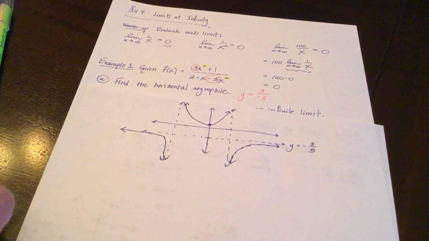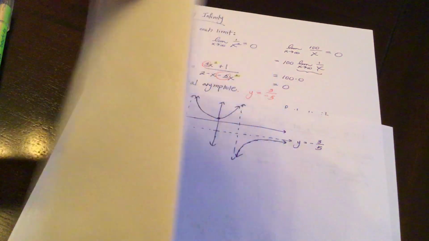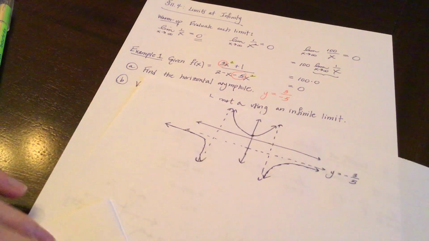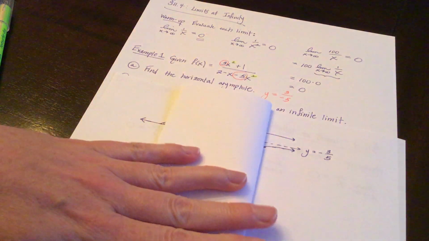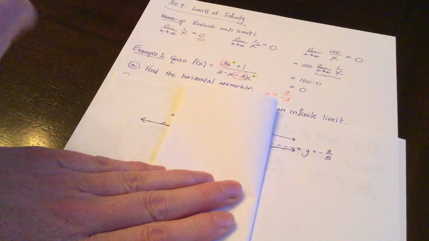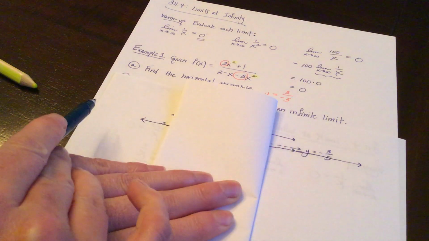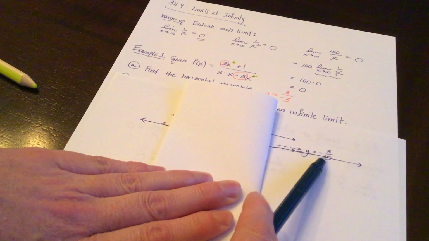If y equals -3/5 is your horizontal asymptote, then what that means is, let me fold up this piece of paper, that if you were to cover up the inside part, all the fun swoop-de-doo parts where the excitement happens of your graph, and then just look at your graph as x gets really large in magnitude, this function literally starts thinking it's a horizontal line. It starts thinking it's y equals -3/5.